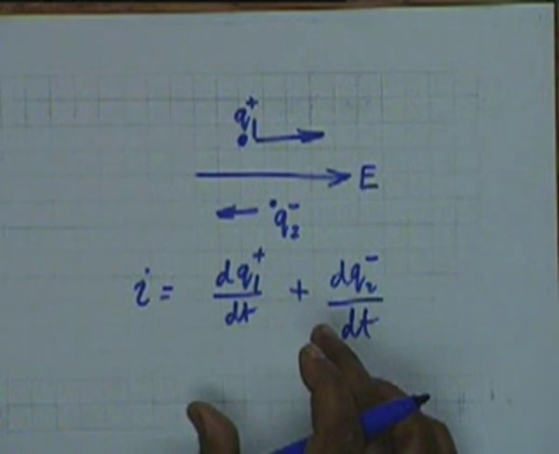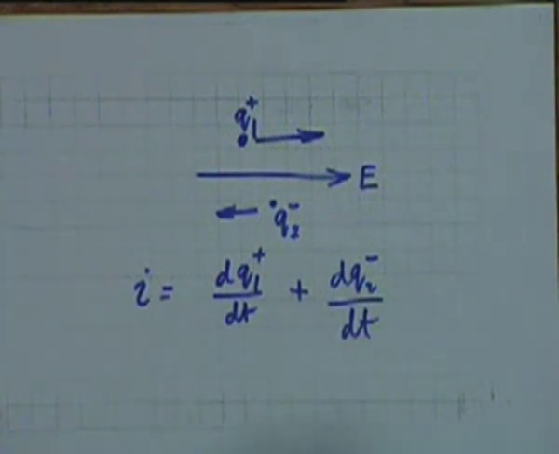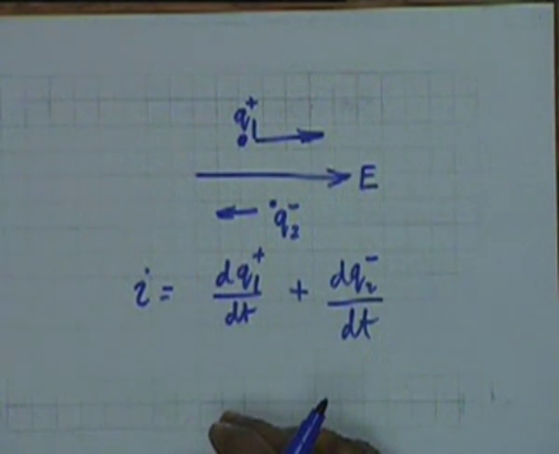This shall be useful when we consider electronic devices like a diode or a semiconductor transistor, where there are charge carriers of both polarities, positive as well as negative, and therefore we shall have to consider both the components of current.